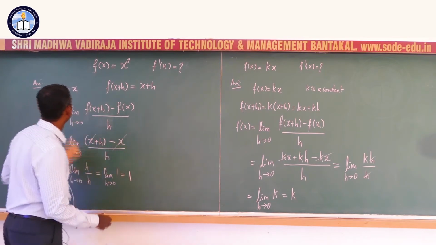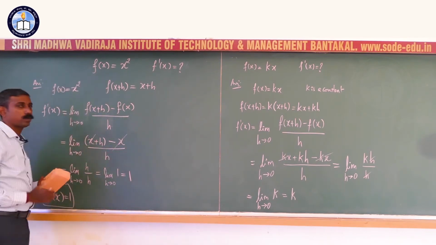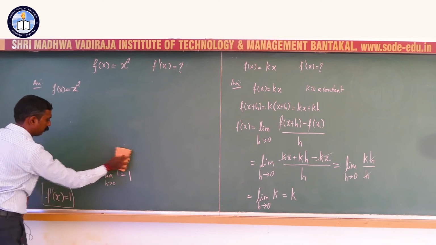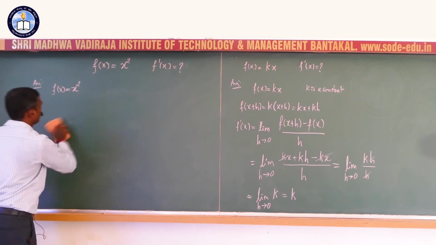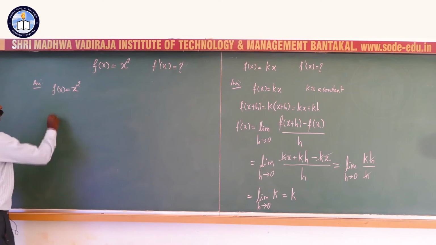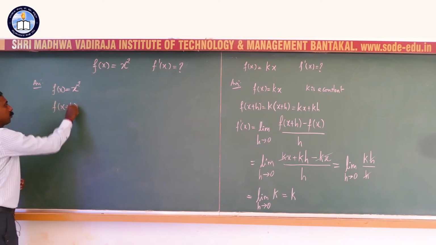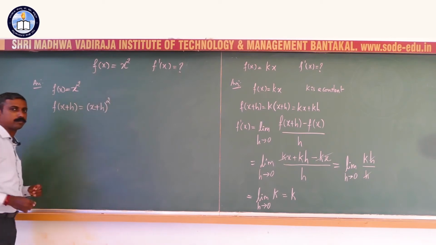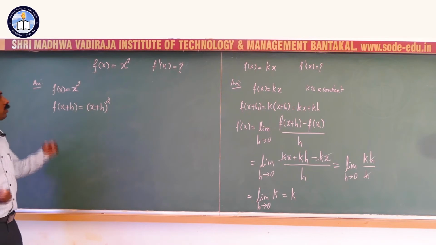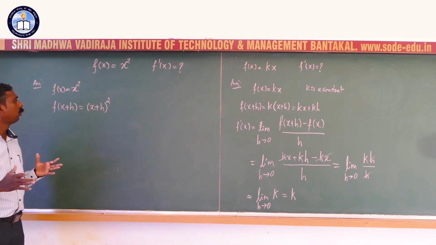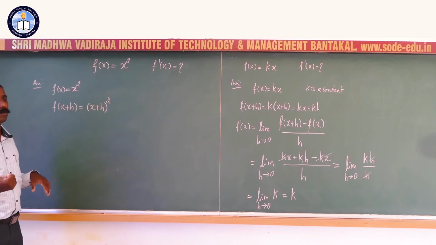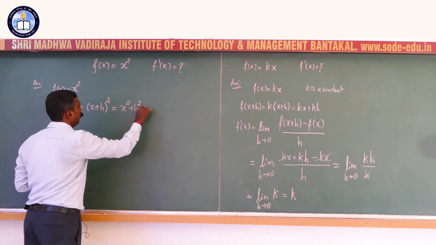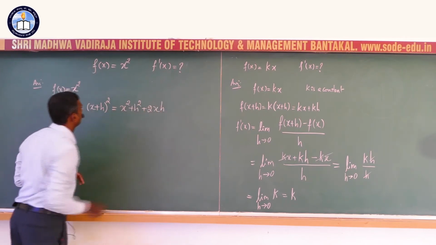So, let us go with the same procedure. f of x is x square, f of x plus h will be, in the place of x, x plus h whole square. Now, we have to open the square. So, that will be x square plus h square plus 2xh.